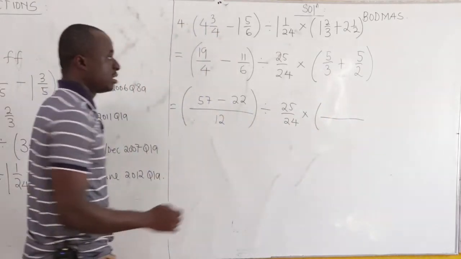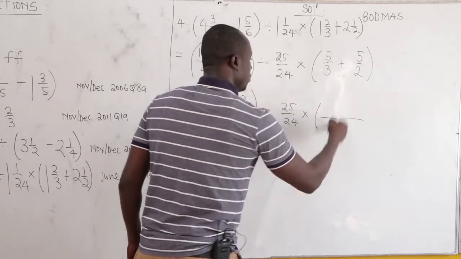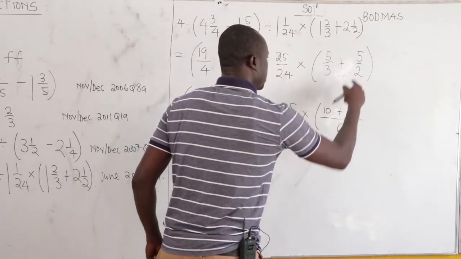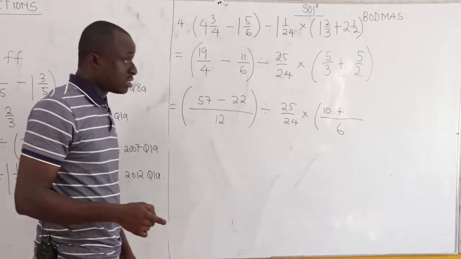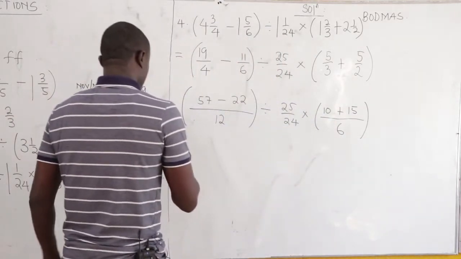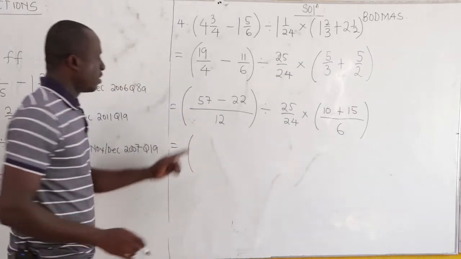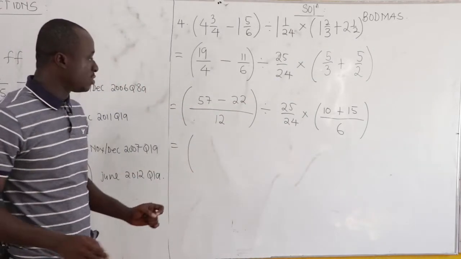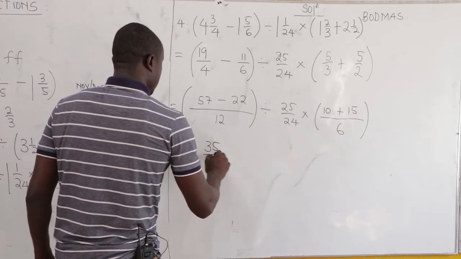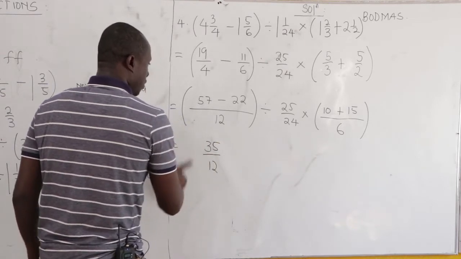The LCM here is 6. 3 will go into 6, 2 times 5, that is 10, plus 2 will go into 6, 3 times 5, that is 15. Now we have 57 minus 22, and this is giving us 35 all over 12.